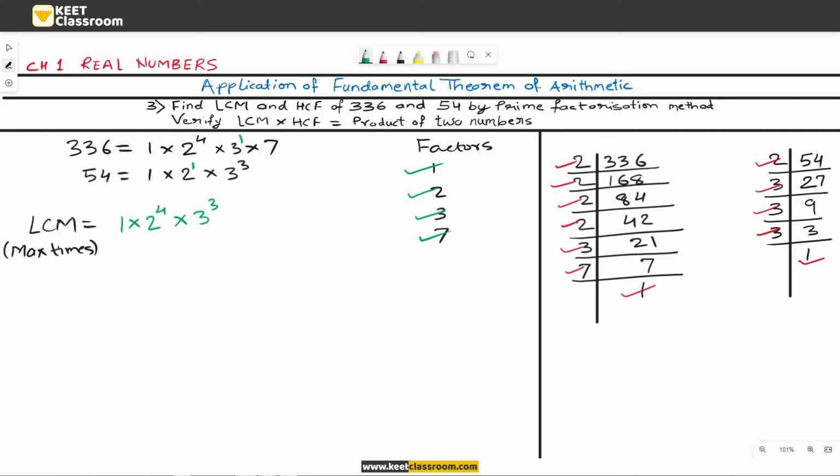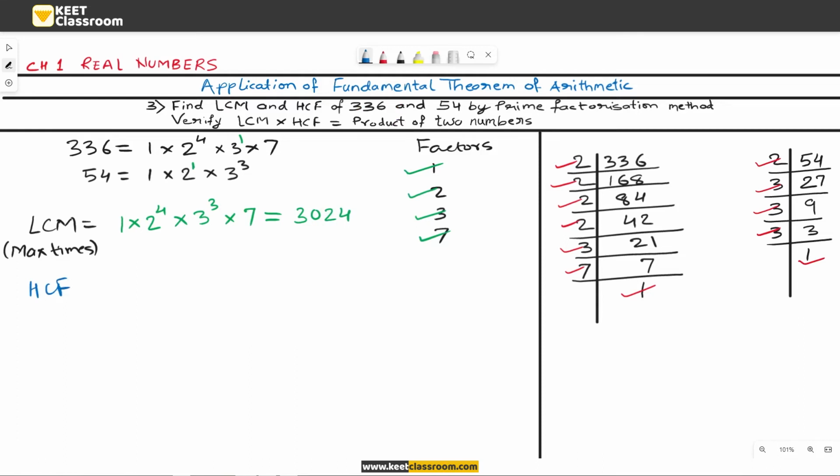This factor is present 1 time in 336 and absent in 54. Therefore, we select the maximum, that is 7 one time. On multiplying the factors, that is 1 into 2 raised to 4 into 3 raised to 3 into 7, we get 3024.